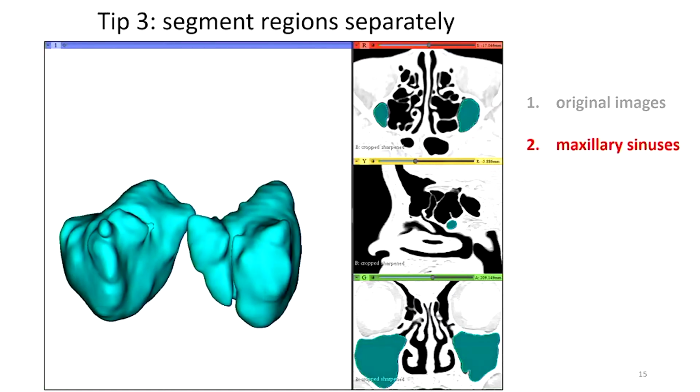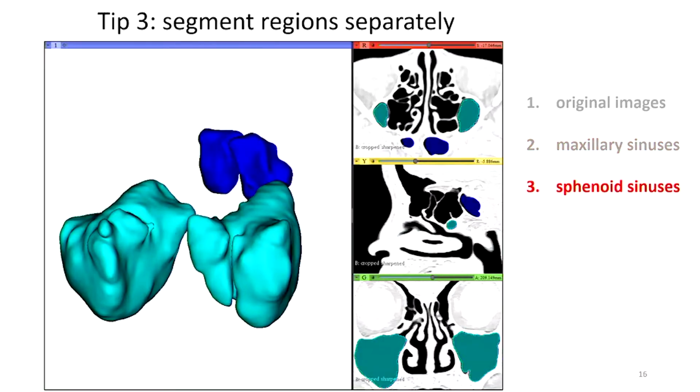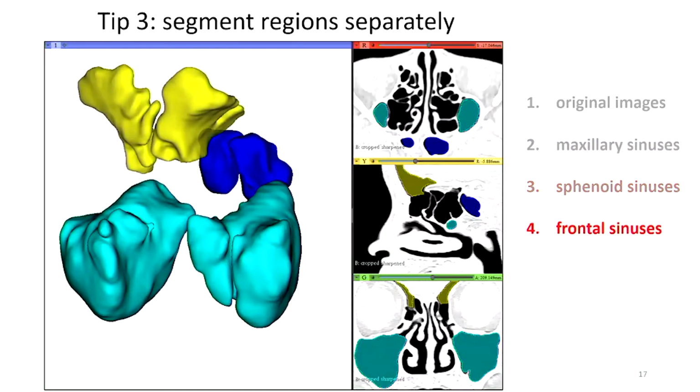So usually the maxillary sinuses are the easiest part to segment because the shape is very simple. And the second easiest part to segment is the sphenoid sinuses, which is at the back of the model. And the third one is the frontal sinuses.